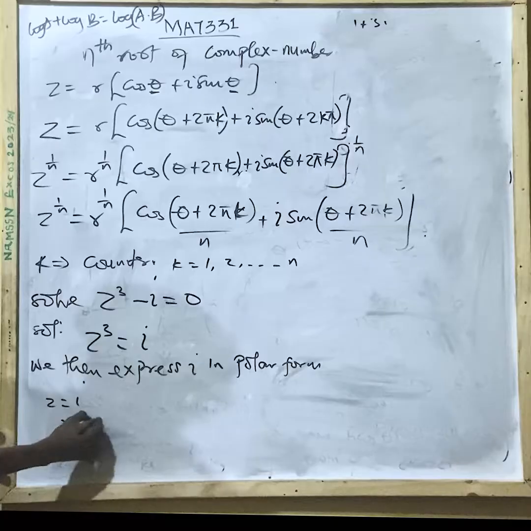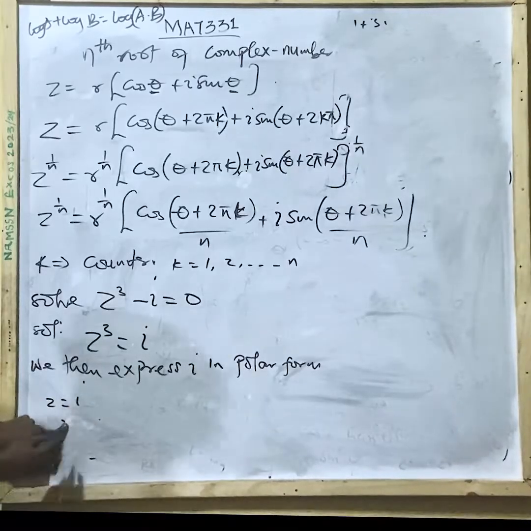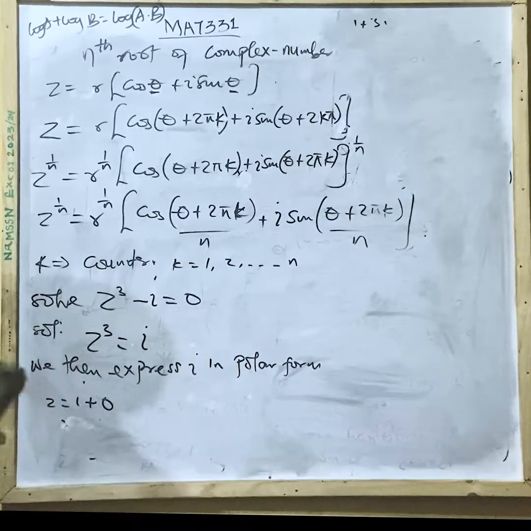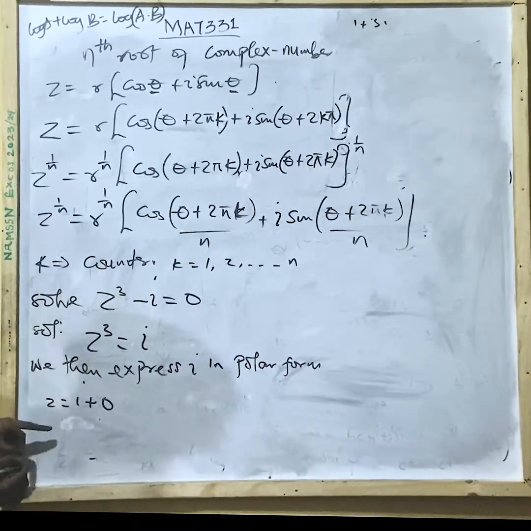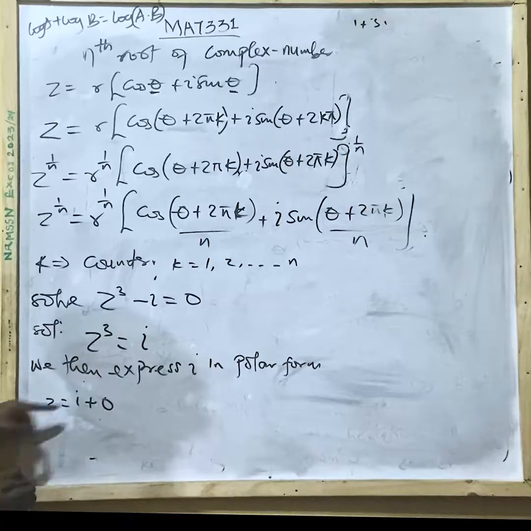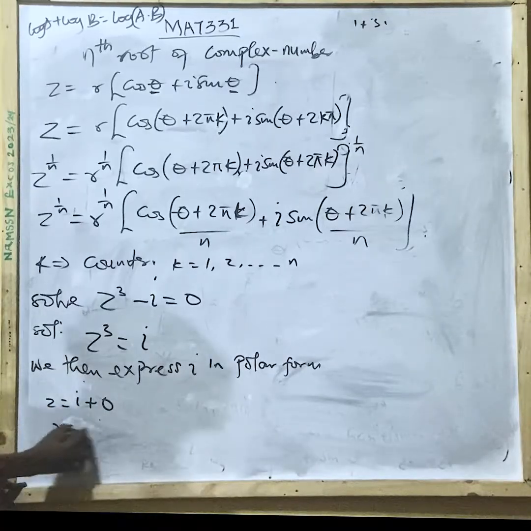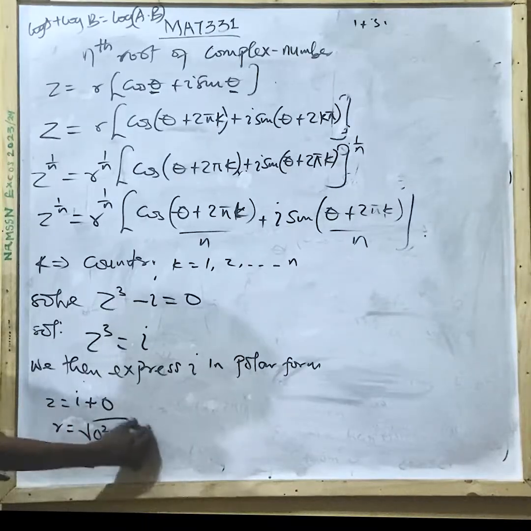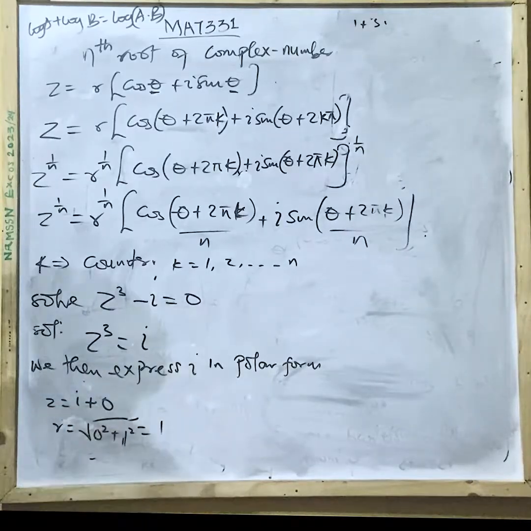So modulus r, if I have z equals i, let me pretend I have i plus 0 to make it look like a complete complex number in rectangular form. So r is equal to the square root of 0 squared plus the coefficient of i, which is 1, so I will have 1, right?